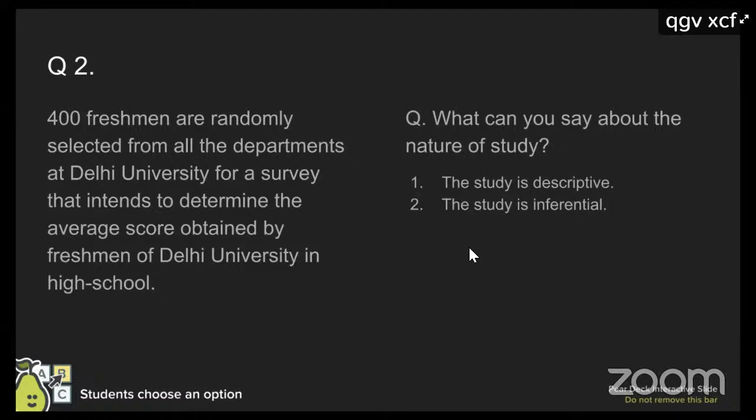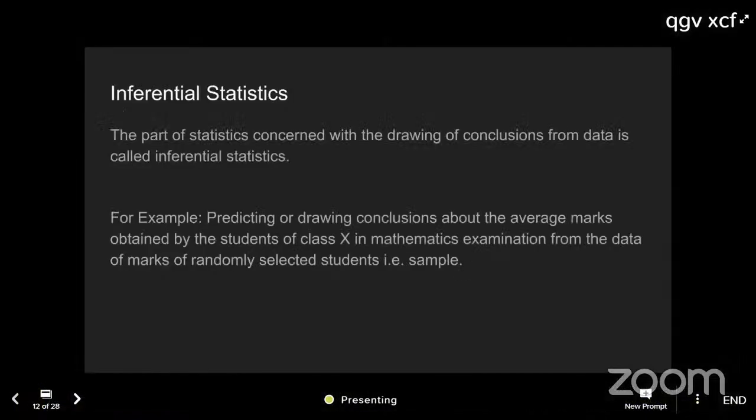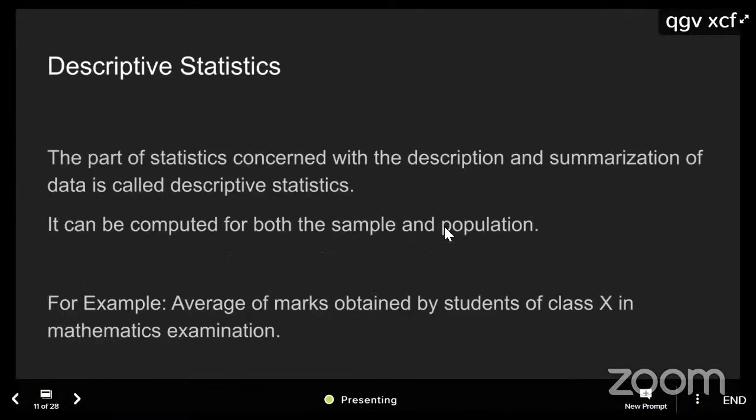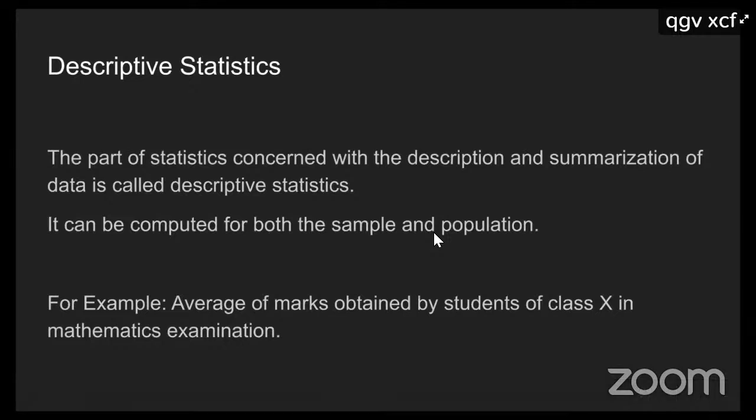So, sir, in descriptive statistics, we do not have a sample? No. You cannot say that. Descriptive statistics can be applied on sample and population both. In this slide, what is the meaning of descriptive statistics?